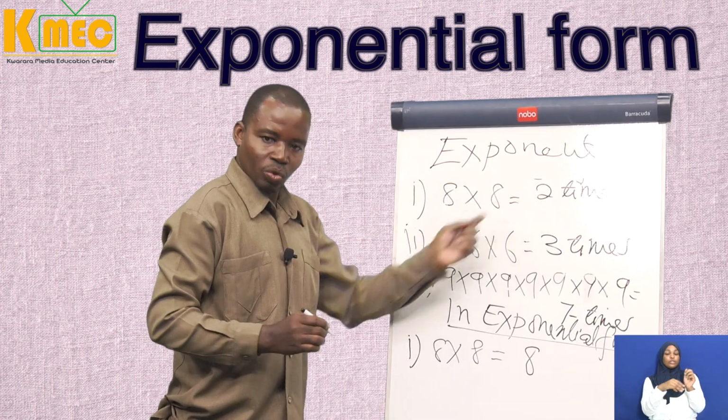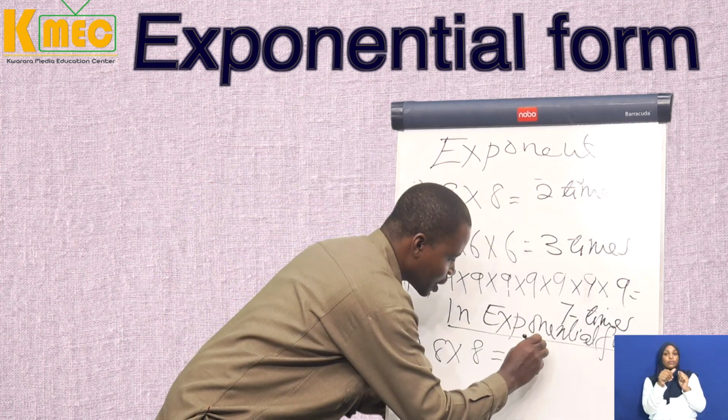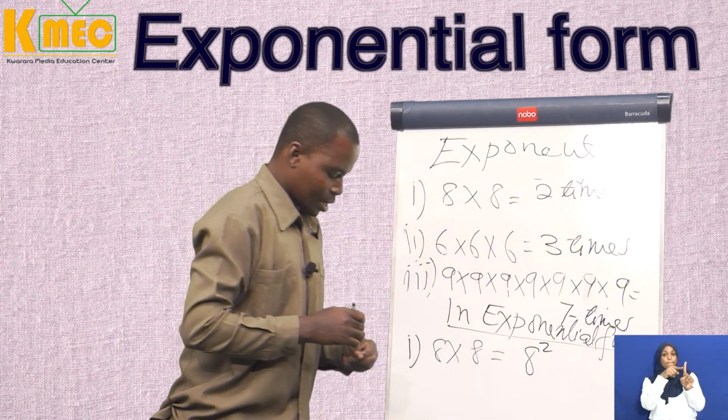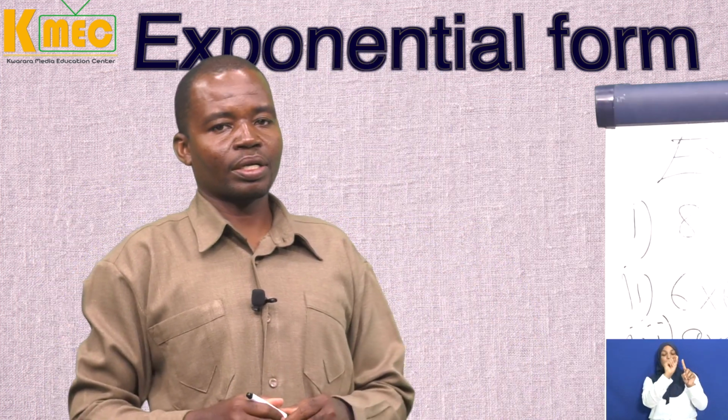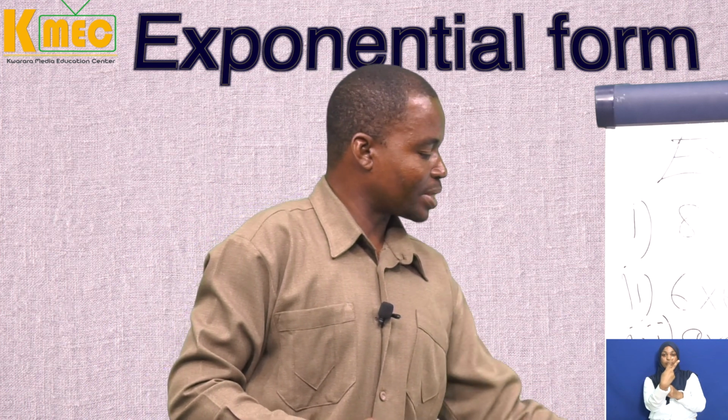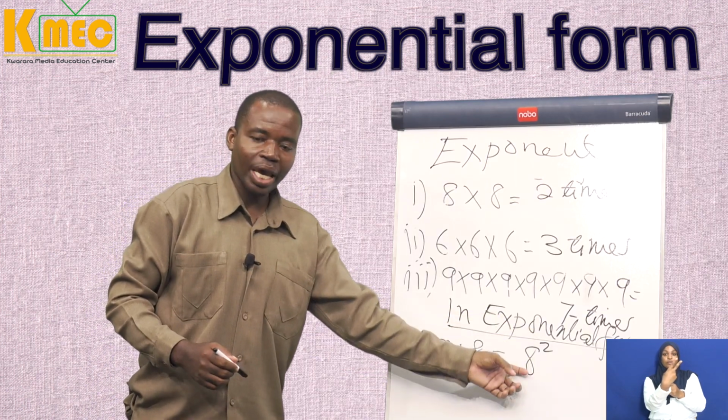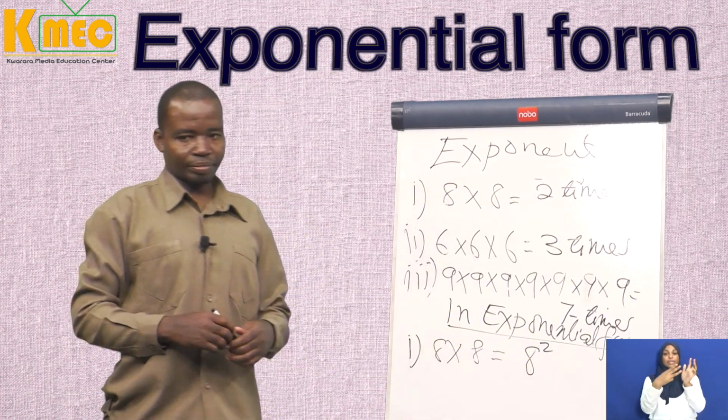How many times? 2 times. So we write number 2 here at the top. It is equal to 8 exponent 2. 8 times 8 is equal to 8 exponent 2.